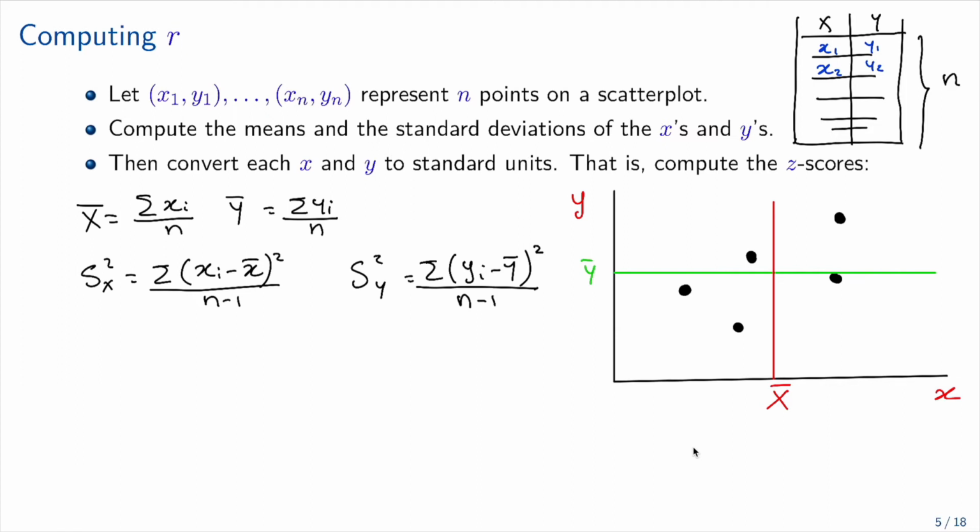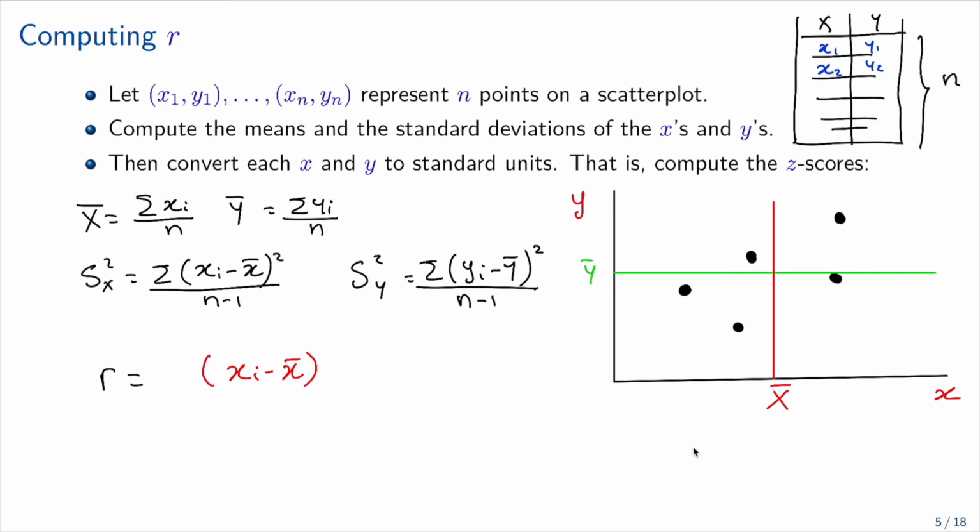So if we want to compute r, r is given by a kind of combination of these two definitions. So we take the distance for x, so xi minus x bar.